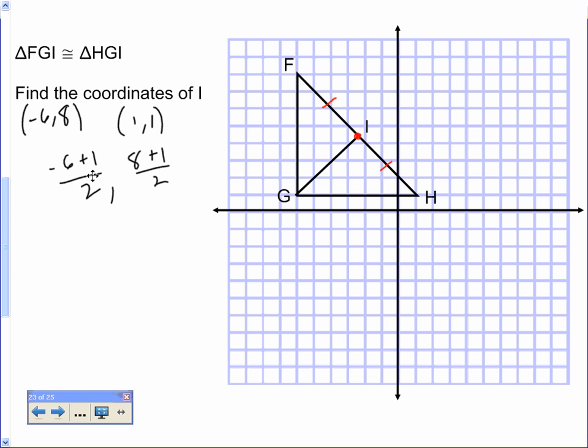So you get negative 5 halves, or negative 2.5, and here I'm going to get 4.5. And that would be the coordinate of I. Okay, so that's another tool we can use when we're on a coordinate plane.